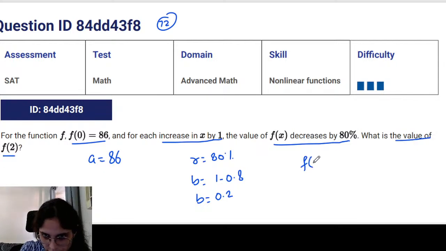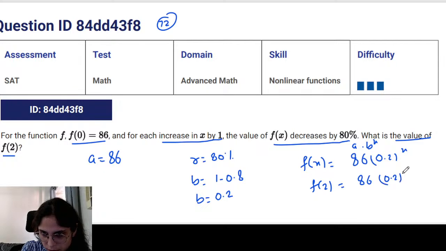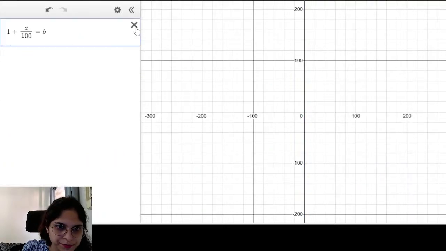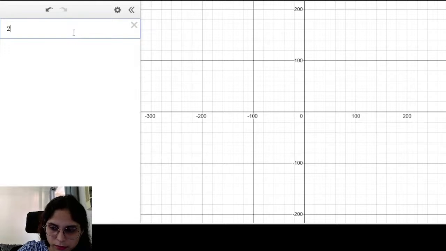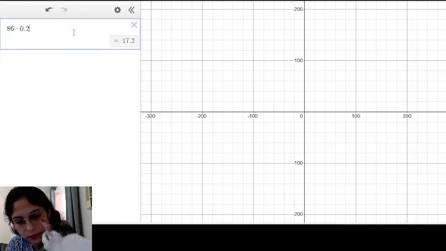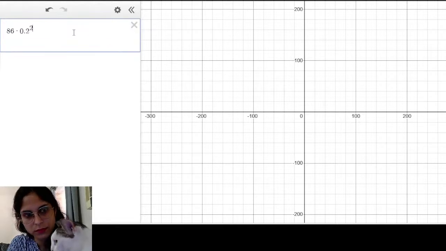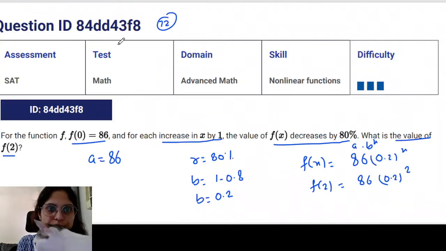So you have got f of x is 86 times 0.2 to the power x, because a times b to the power x. And now f of 2 means the value of x is 2. Now you can just go to Desmos.